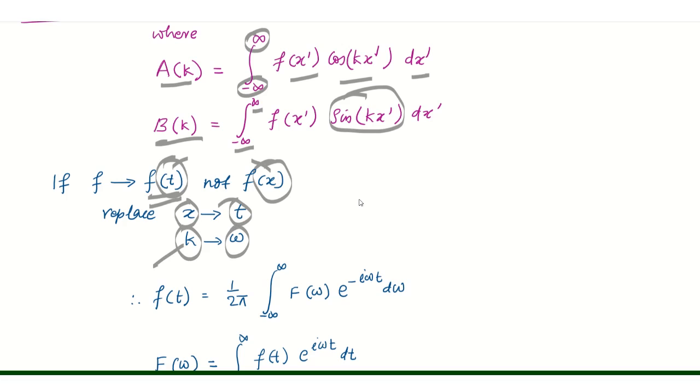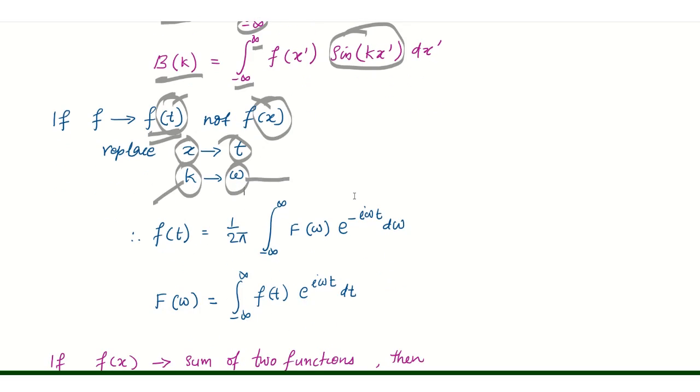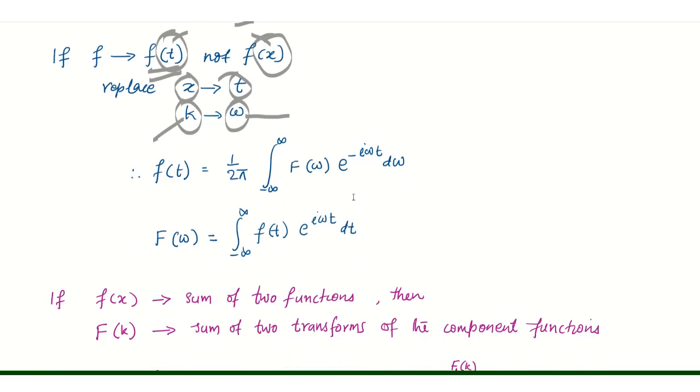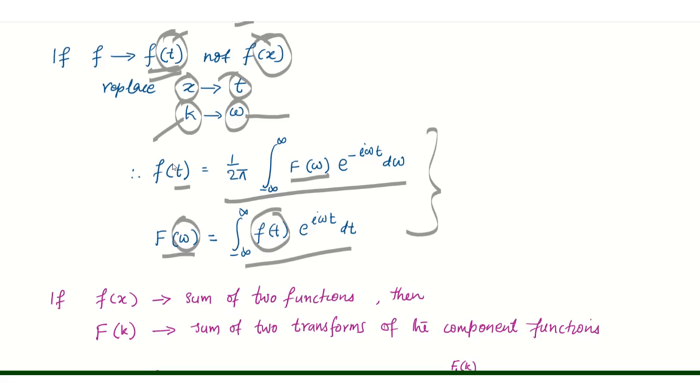This is your spatial frequency, and this is your angular frequency in the time domain. Then we will have a similar expression to convert a signal in the time domain to a signal in the frequency domain and vice versa. This is your Fourier transform, and a function in the time domain is converted into a function of angular frequency by this process, and the inverse can be done over this one.